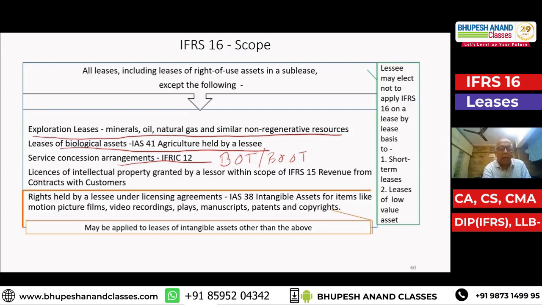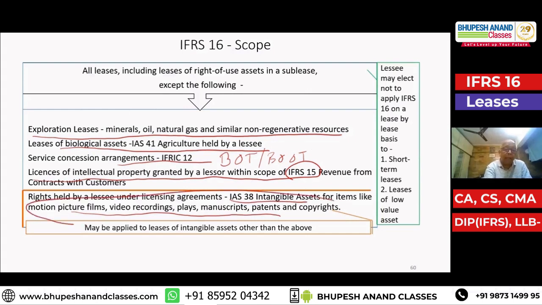Then licenses of intellectual property are under IFRS 15. They are not under IFRS 16. Then intangible items like motion pictures and video recordings are under IAS 38.